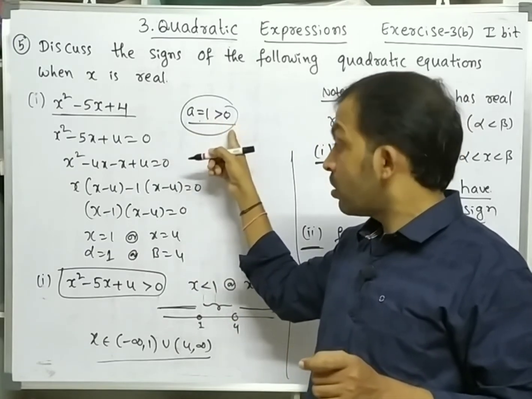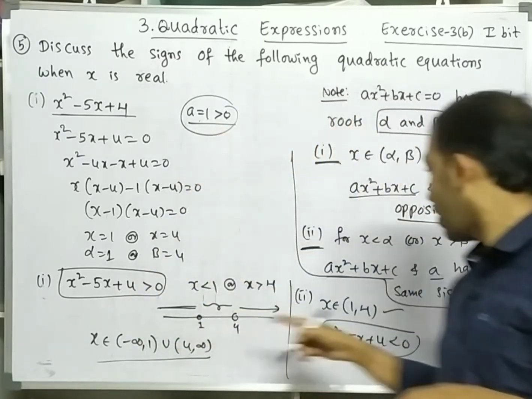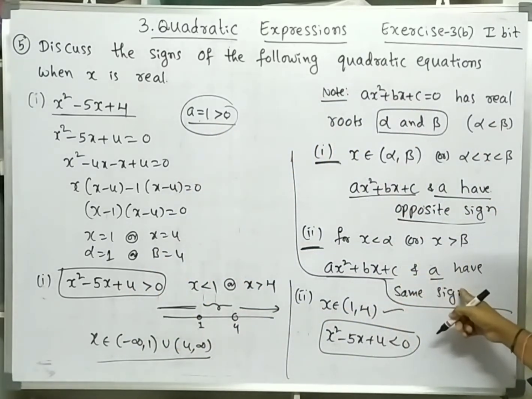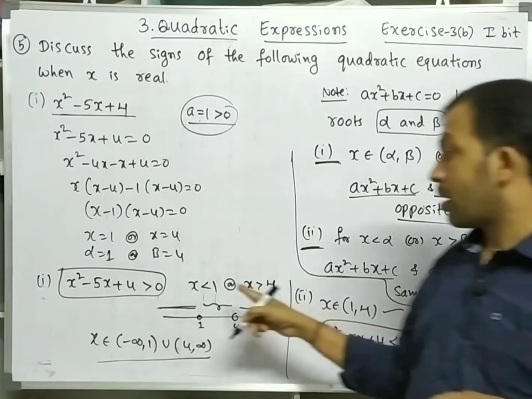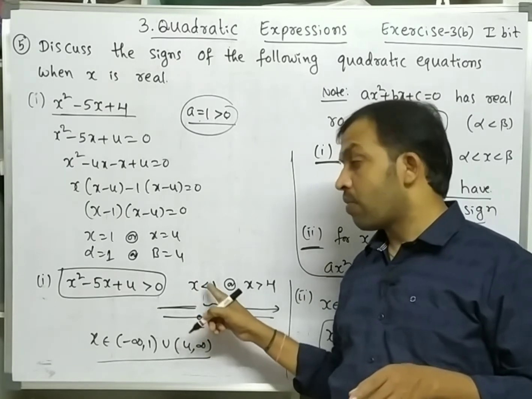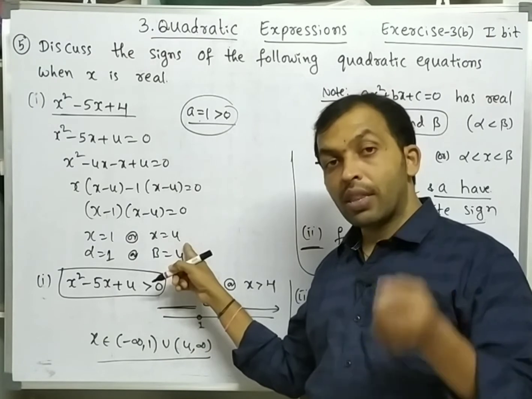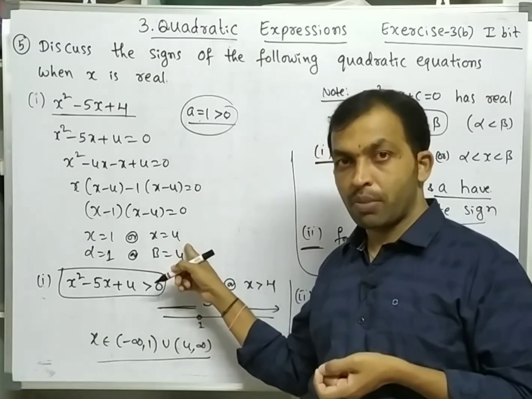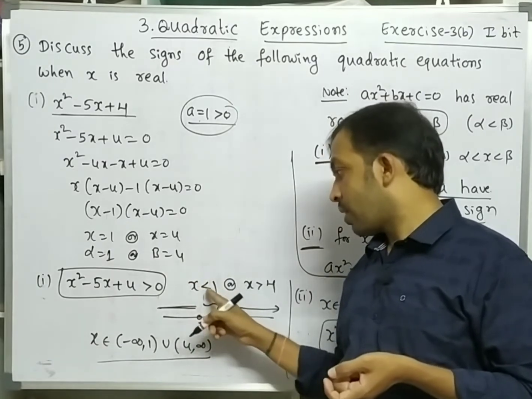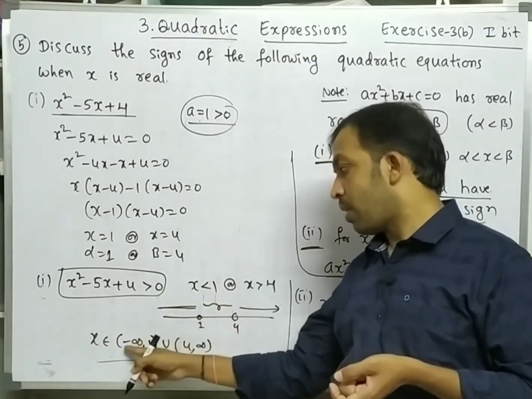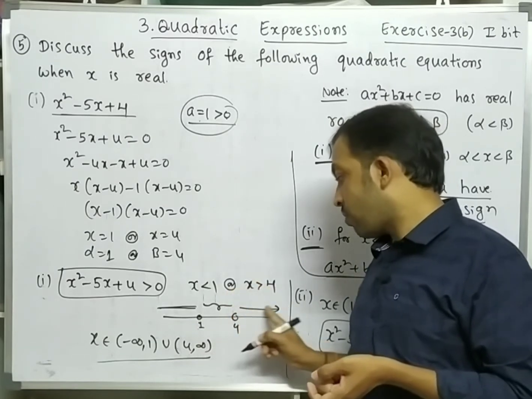So when the quadratic expression has the same sign as a, if x is less than alpha or x is greater than beta, where the least root is alpha and the greatest root is beta, so x is less than 1, that means minus infinity to 1, or x is greater than 4, that means 4 to infinity.